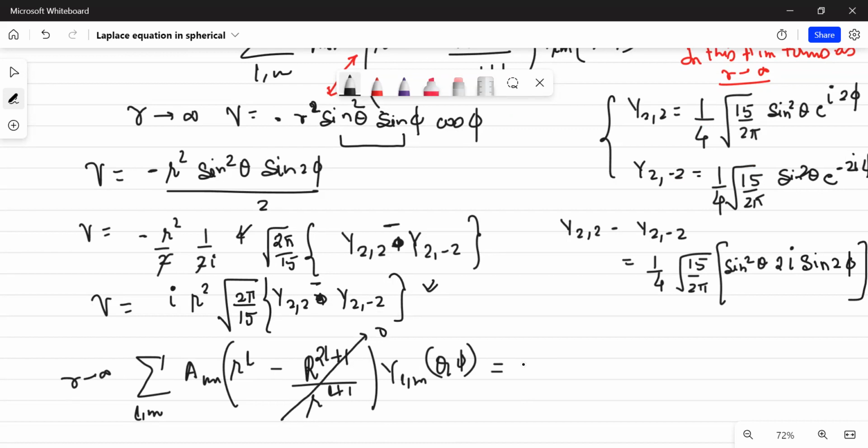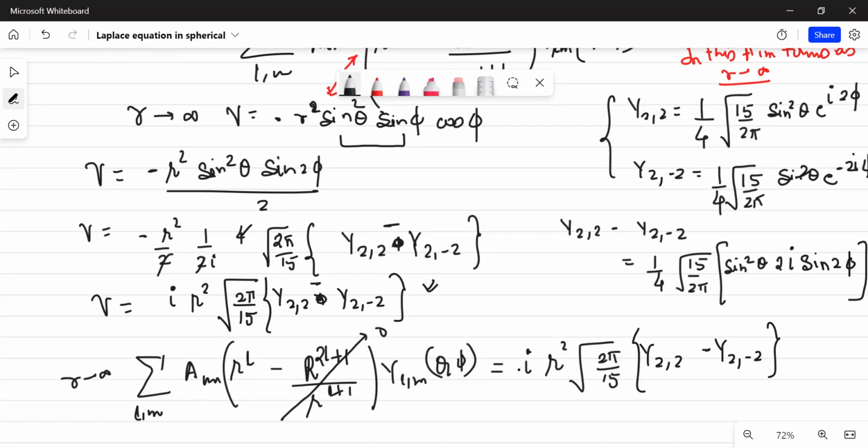So if I compare both sides, iota r square root over 2 pi upon 15, and this is y22 minus y2 minus 2. If I try to compare on both of the sides, I can find my A21 and A22 and A2 minus 2.